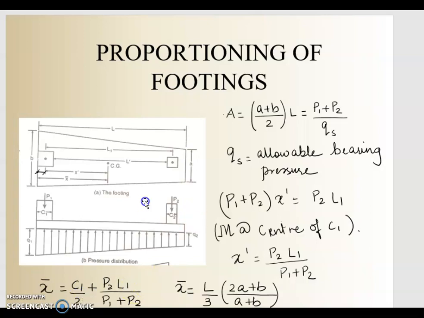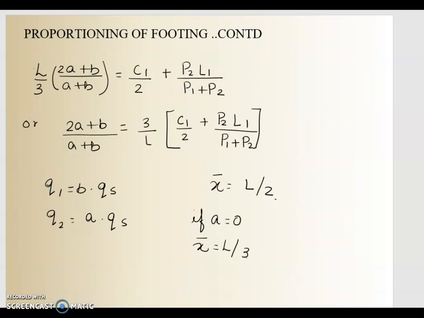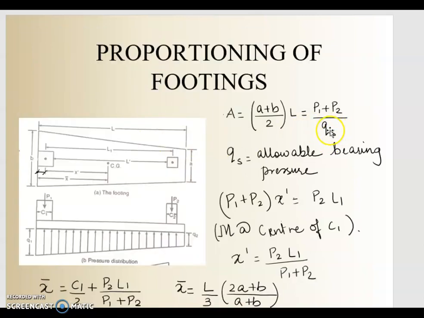For the exam, you will be told that there is a combined footing with two columns having so and so loads, P1, P2. The allowable bearing pressure is given to you, and the value of L or L1 will be told to you. Knowing all these things, you will have to find out A and B, that is proportioning of footing. Okay, so we'll stop here.